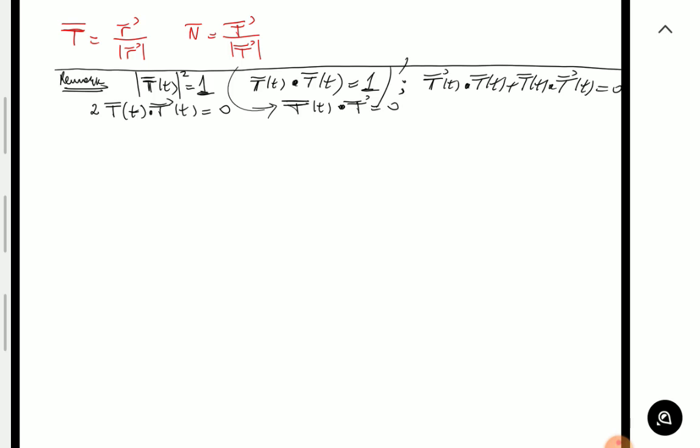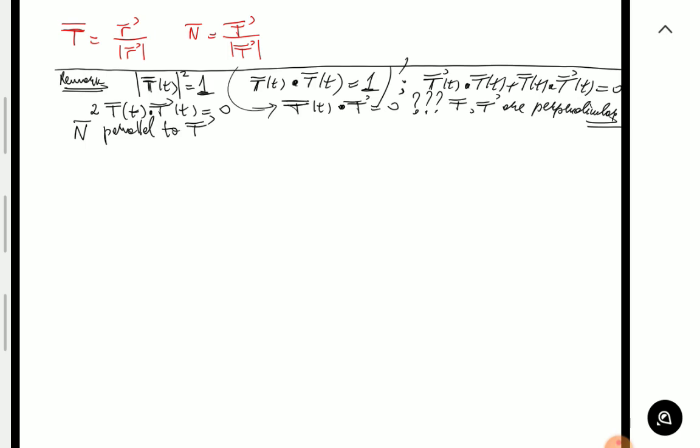Now, what did we learn about two vectors whose dot product is equal to 0, geometrically speaking? I hope you remember that this means that T and T prime are perpendicular. They're orthogonal. But remember, the unit normal is parallel to T prime, right?